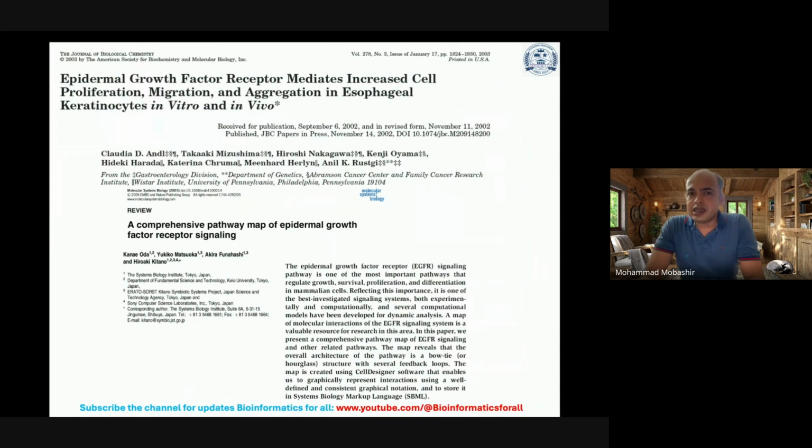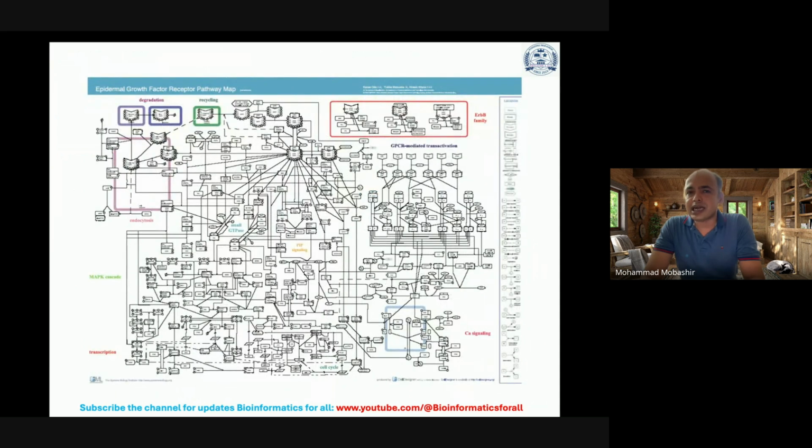If you read these papers, you can easily understand this is another map representing the EGFR complex pathways, and you can also learn the different components, downstream signaling molecules, and many more things.